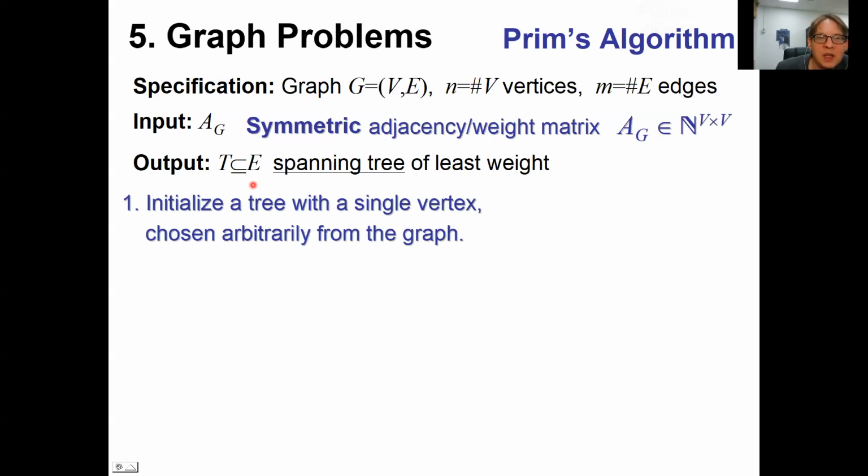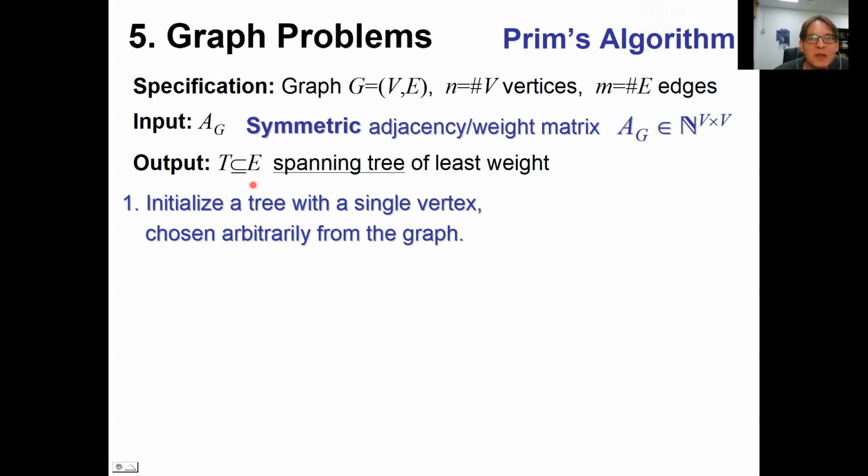And here's not even pseudocode, but an even higher level description of the algorithm. The basic idea behind Prim's algorithm is to grow a minimum spanning tree. The observation is that a single vertex is trivially a minimum tree, but not necessarily spanning, right?